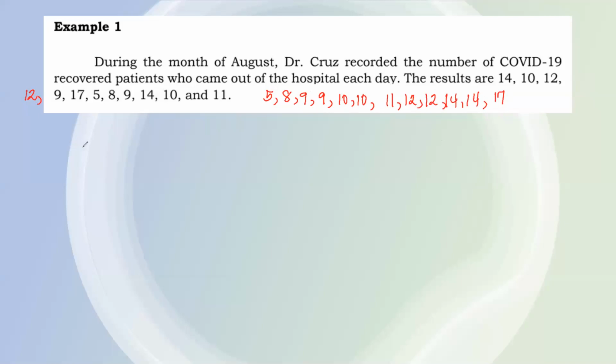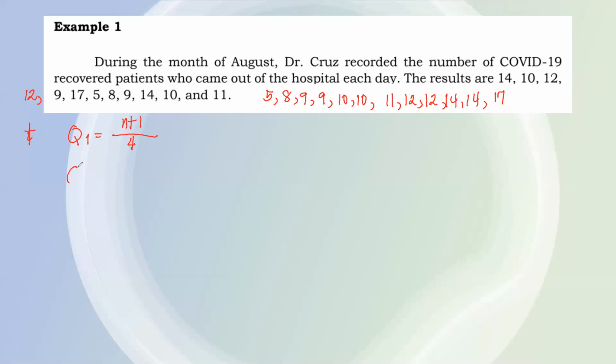So gamit na tayo ng Mendenhall interpolation. So first quartile, remember the formula for the first quartile, that is n plus 1 divided by 4. Because the first quartile is 1/4.